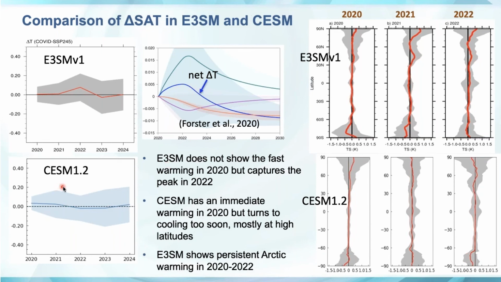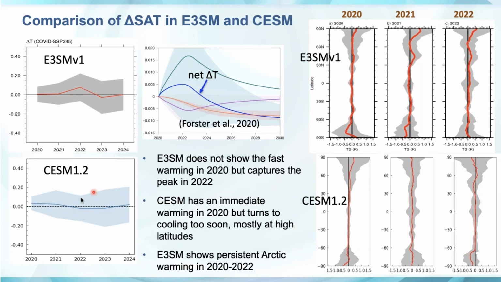However, CESM is different. It has a very fast response in the initial warming, but turns to cooling very soon, even before the end of the aerosol reduction and the greenhouse gas reductions.